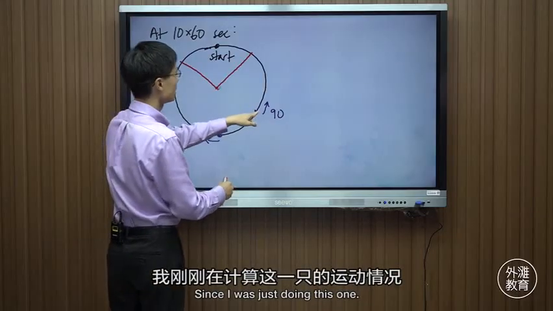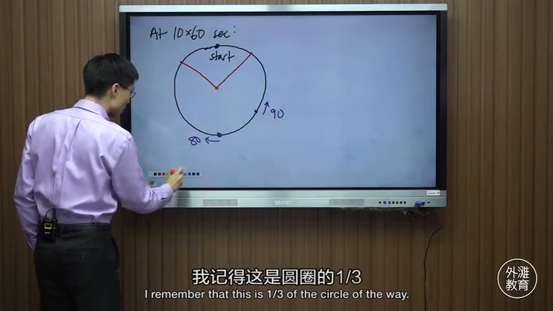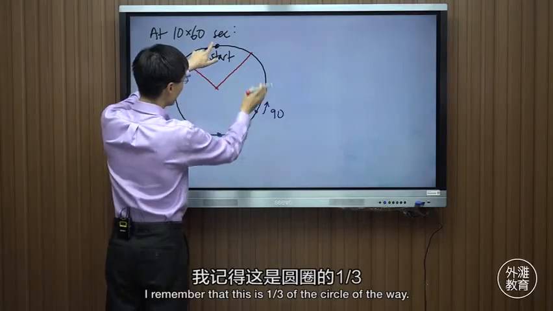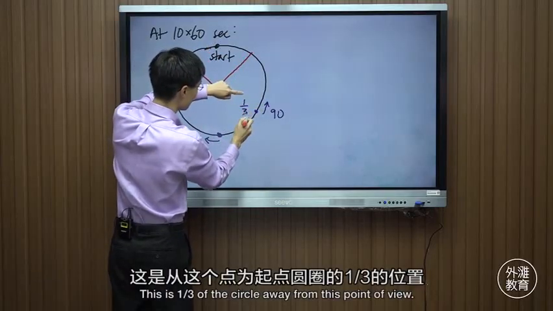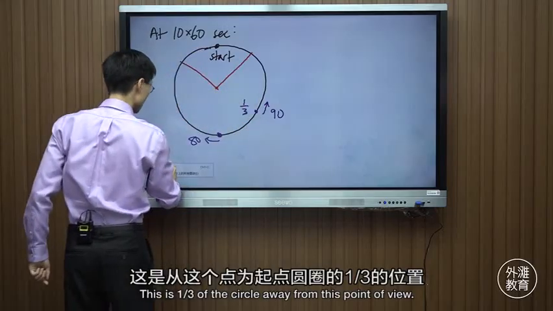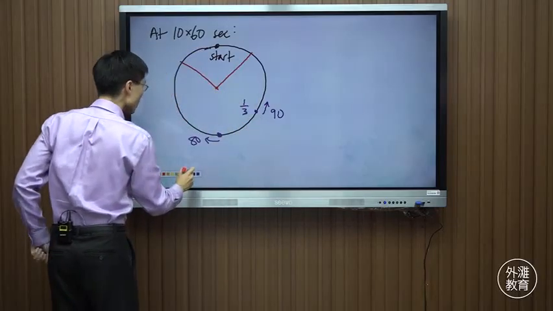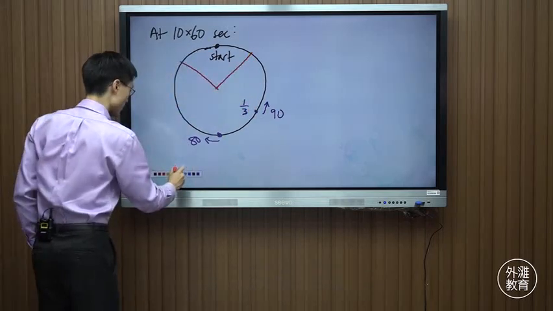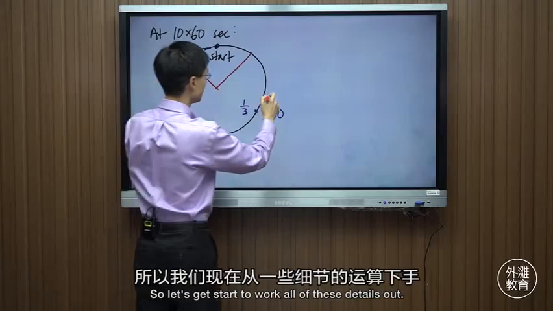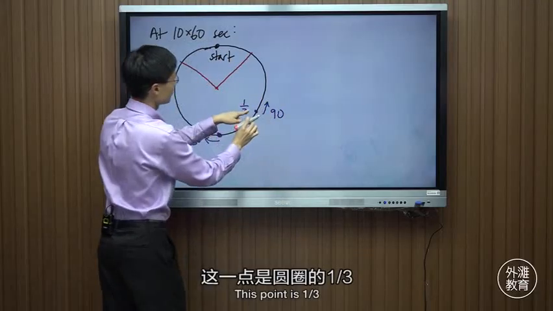So let's calculate that for each mouse. Since I was just doing this one, and in the back of my head I'm remembering that this is 1/3 of a circle away, I'm just going to write this 1/3 here. I can then find out how long it takes for this mouse to get to that point. So let's start to work all of these details out. This point is at 1/3.